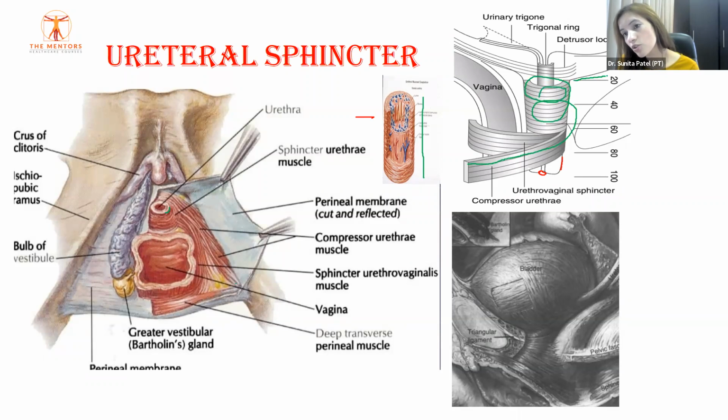So altogether 85% part of the urethra will be covered by the urethral sphincter, this middle layer. Look, in this picture, you can see all this is urethral sphincter which is coming. They are merging. So it's altogether 85% part they are covering. Clear, everyone?